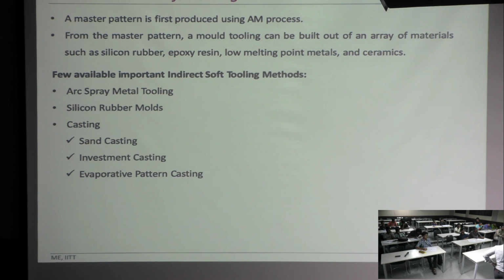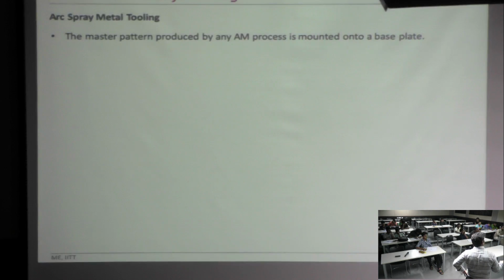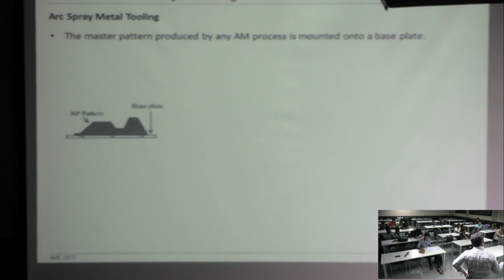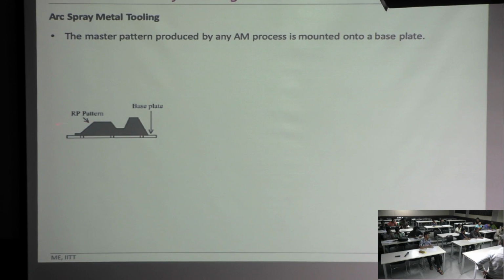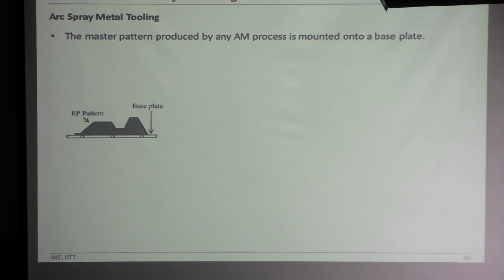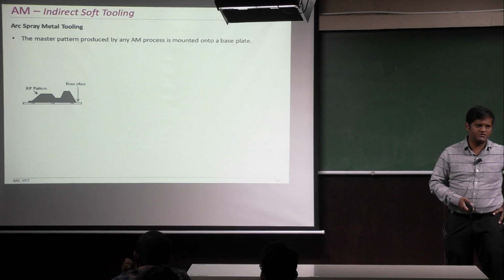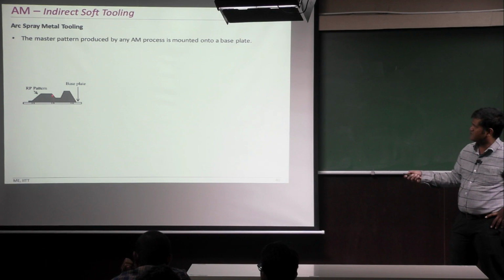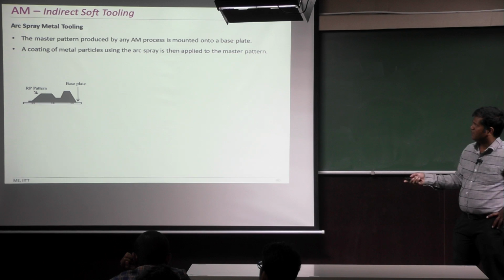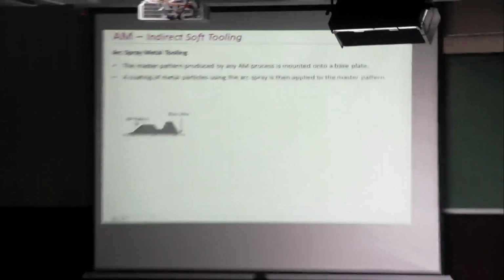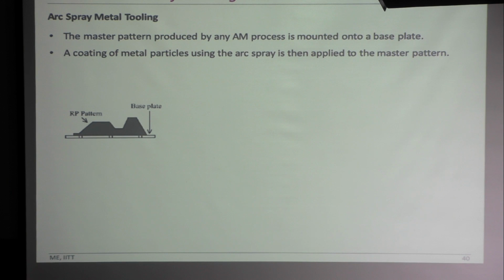The first important method is arc spray metal tooling. Initially we get the master pattern, which is manufactured by using an AM process. You fix it to the base plate, and then a coating is made over the surface of this pattern. How do you make that coating?